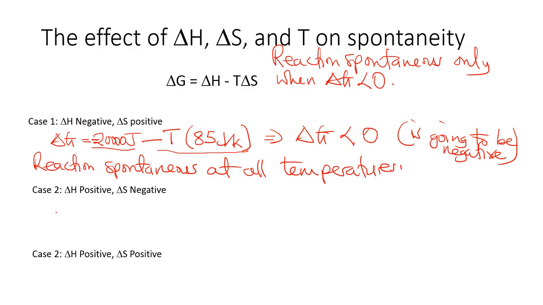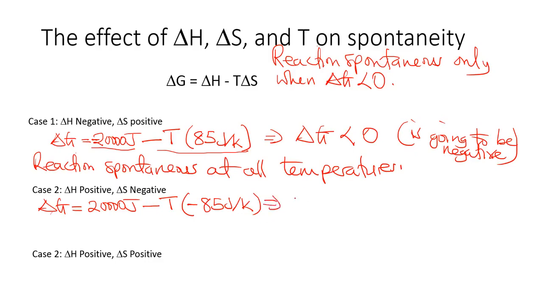Now, what about if you have positive delta H and negative delta S? Let's look at our numbers. This time I have 20,000 joules for the delta H, minus T, and then minus 85 joules per Kelvin for delta S. We will see that the two negatives will cancel, and there will be a positive here instead of a negative.